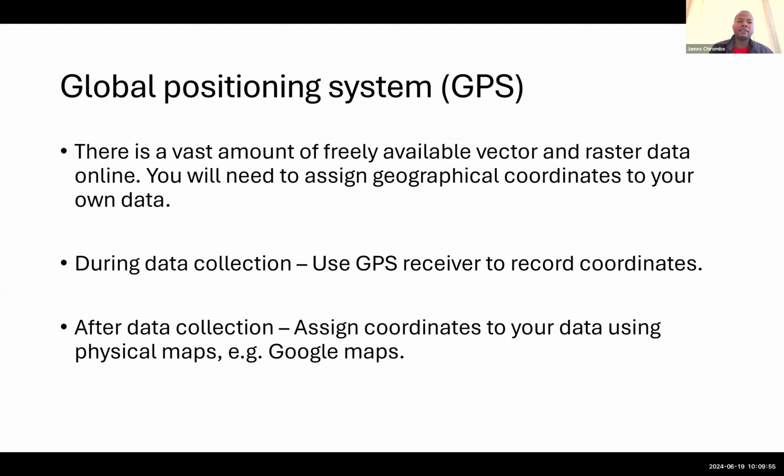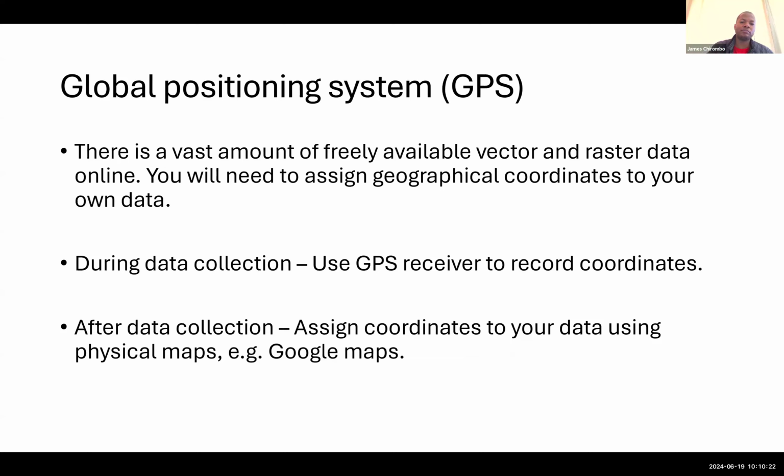I think another important idea to introduce is that of global positioning system, or GPS. When you have data, how do you assign geographical coordinates to your own data? Take the example of the satellite imagery that we have just talked about.